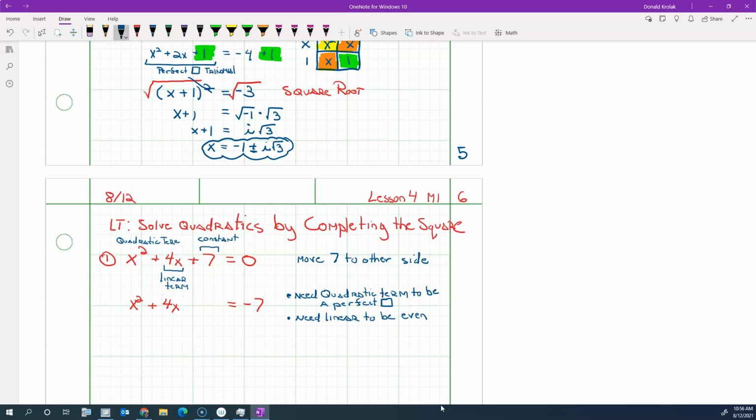Okay, so do you have those? Look right here. Is that value a perfect square? Yeah, there's a 1 there. 1 is a perfect square. And 4 is even.